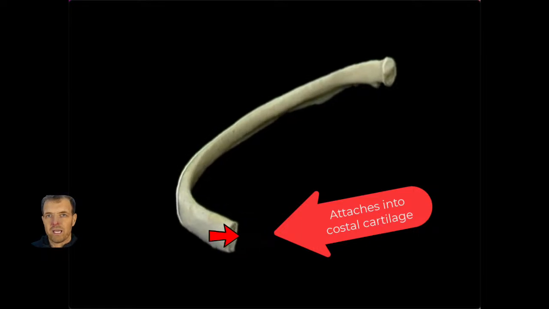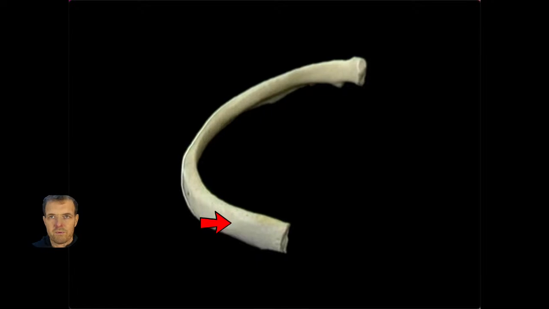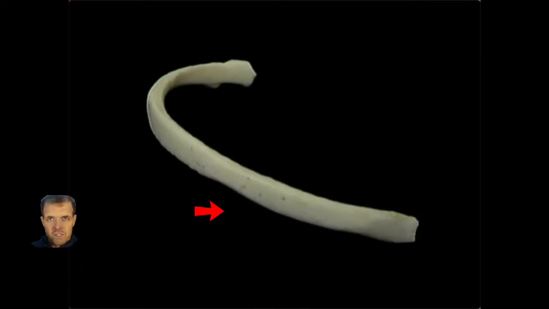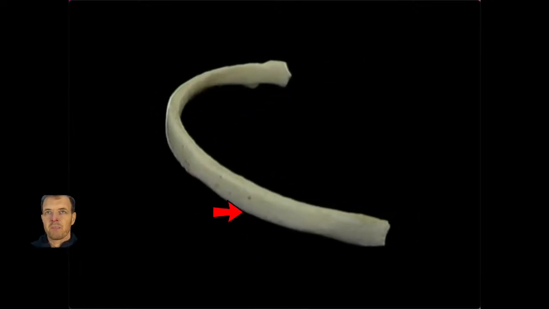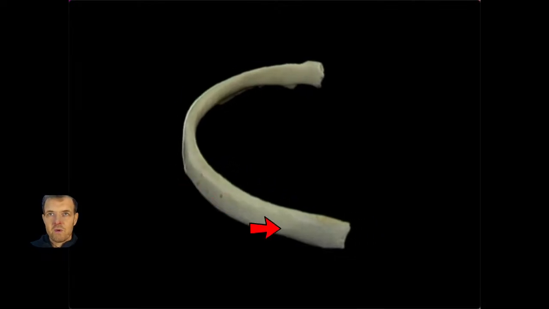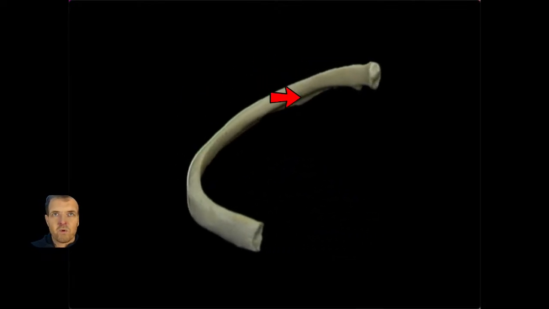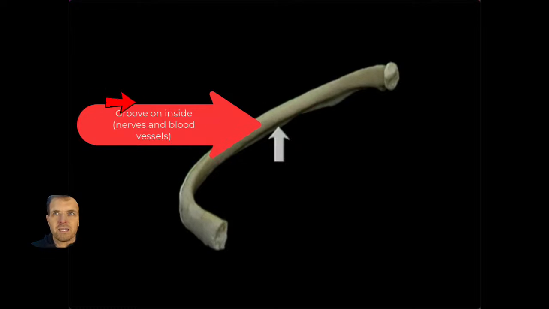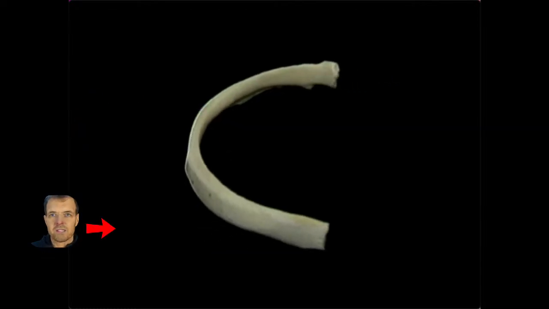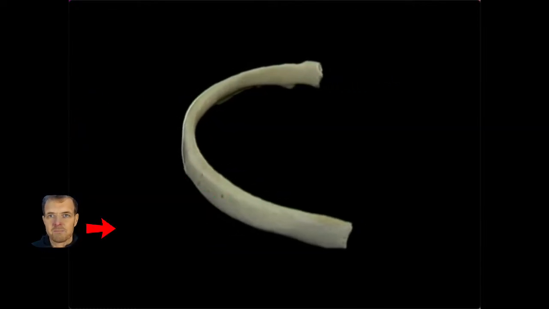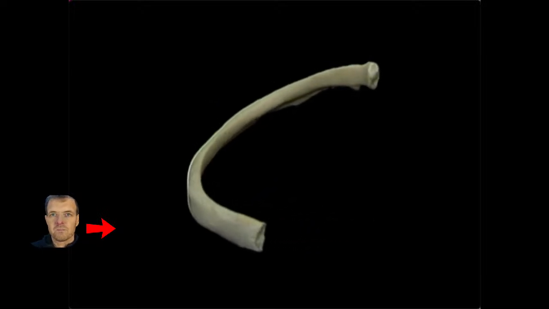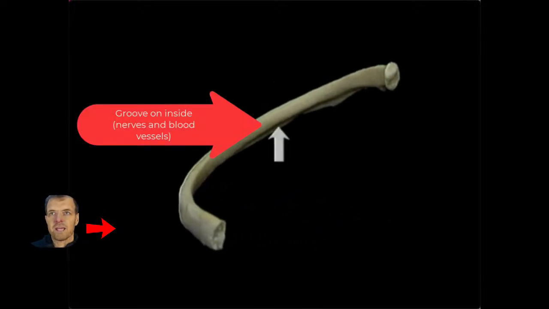At this point, it attaches to the costal cartilage because of the level of rib that it is, and the ribs will do different things depending on where they are. Very smooth on the outside, and as I mentioned before, there's a little gully, a groove on the inside. That's where the nerves and the blood supply go for the ribs.